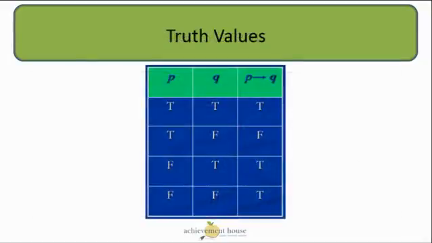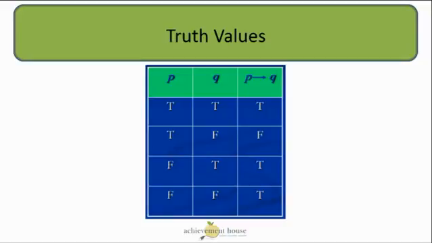Now we're going to talk a little bit about truth values. We're not going to get into much depth yet, but you should know, at least viewing the last couple of examples, that if it rains, school might still happen. Or for example, if they don't cancel school, then it doesn't rain.